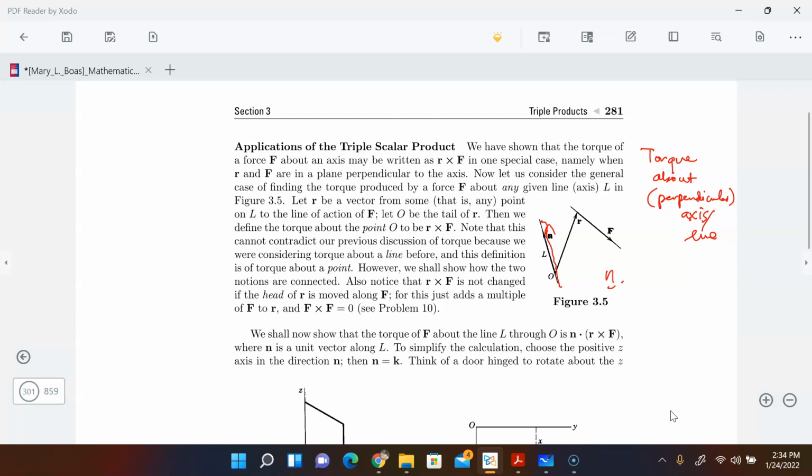In other words, if it's along this line, and this line is in the direction of n, then the torque will be there. So this is just a generalization of your previously defined torque.